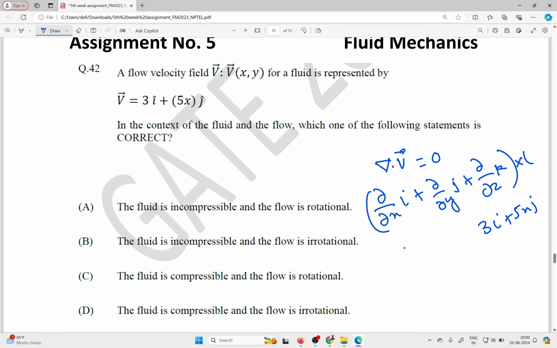When you calculate, the i component will be 0, and for j, x is given, so it will also be 0. So it will be 0. So definitely it will be incompressible.